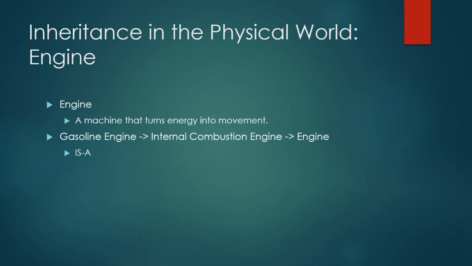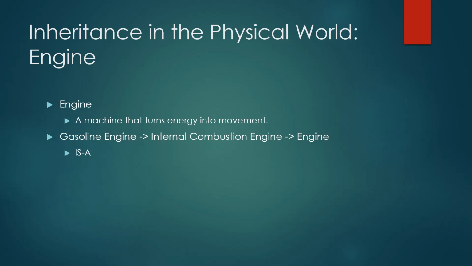So let's look at inheritance in the physical world with an engine. An engine is a machine that turns energy into movement. A gasoline engine is an internal combustion engine, which is an engine. So this inheritance can help you think about the design of this.